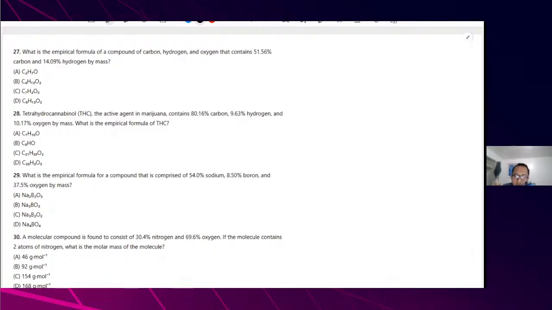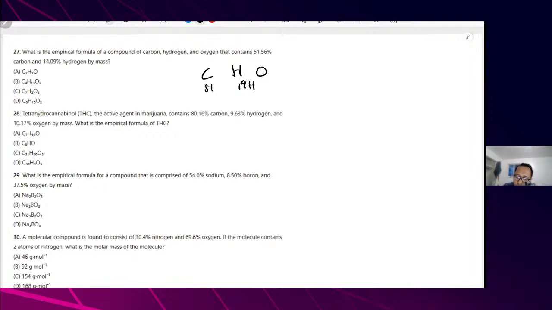What is the empirical formula of a compound of carbon, hydrogen, and oxygen that contains 51.56% carbon and 14.09% hydrogen?